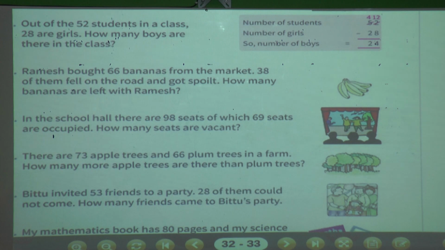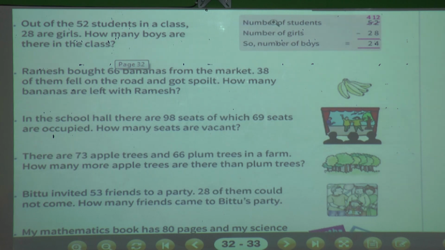Out of the 52 students in a class, 28 are girls. Then how many boys are there in the class? Total 52 students are there and they have told only girls. Girls are how many? 28.